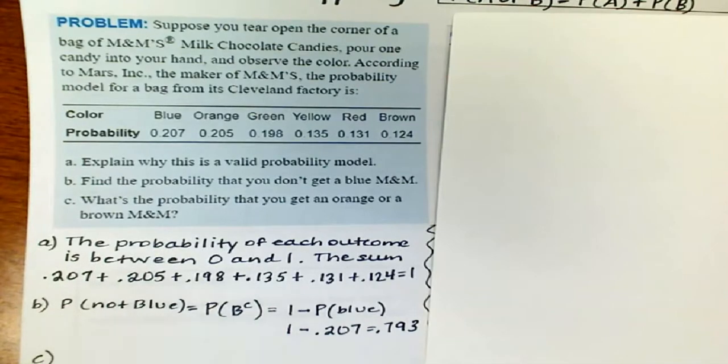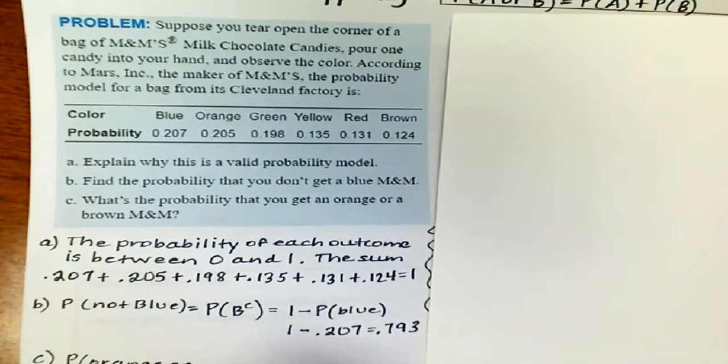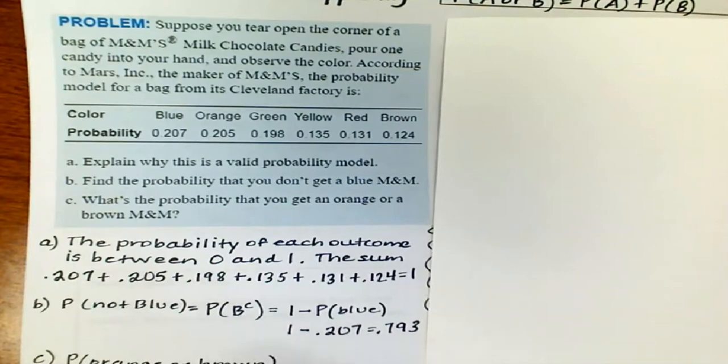Okay, part C. What's the probability that you get an orange or a brown? Okay, so the probability of orange or a brown. The first thing you want to think about is, are these mutually exclusive? And your answer is yes, they are. There's no way I'm going to pick an M&M and it's both orange and brown. So they are mutually exclusive.